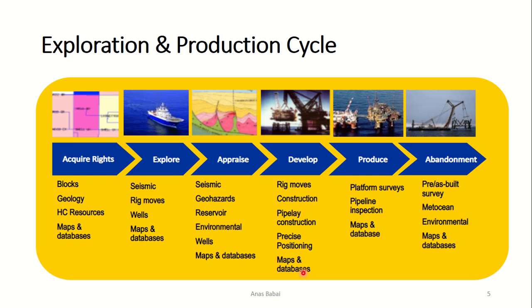For example, here we have to acquire rights, and we said that it depends on the country's rules and regulations. In some countries, the government owns those rights, and in some other countries it belongs to the locals, so you have to make the contract with the locals. In some countries you make the contract with the government itself. You get your block to collect.